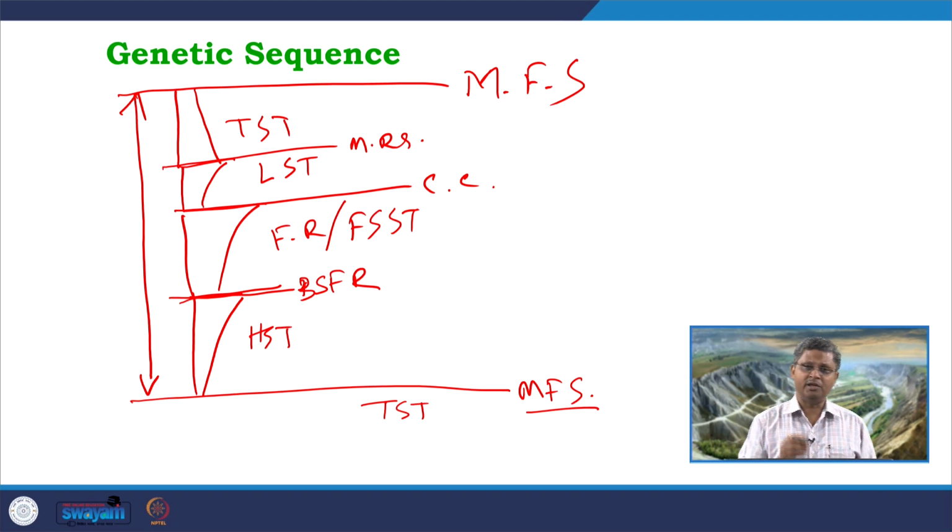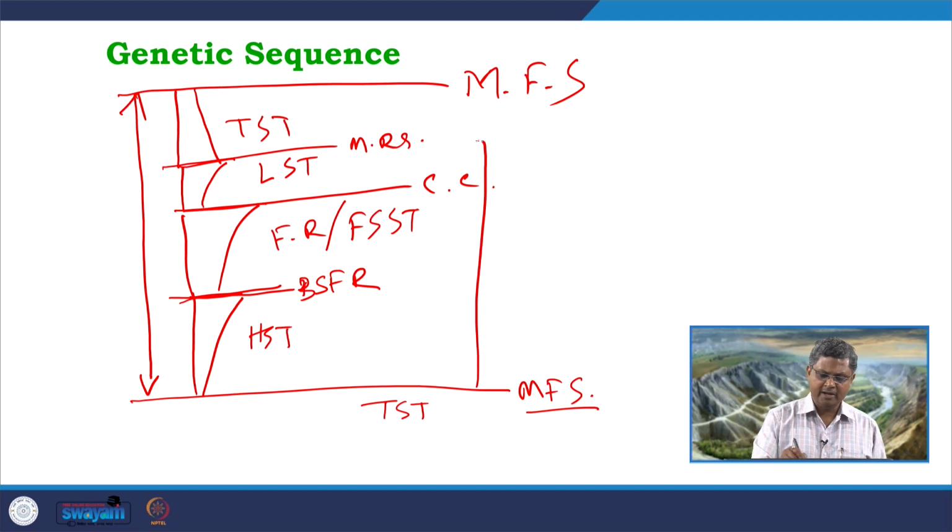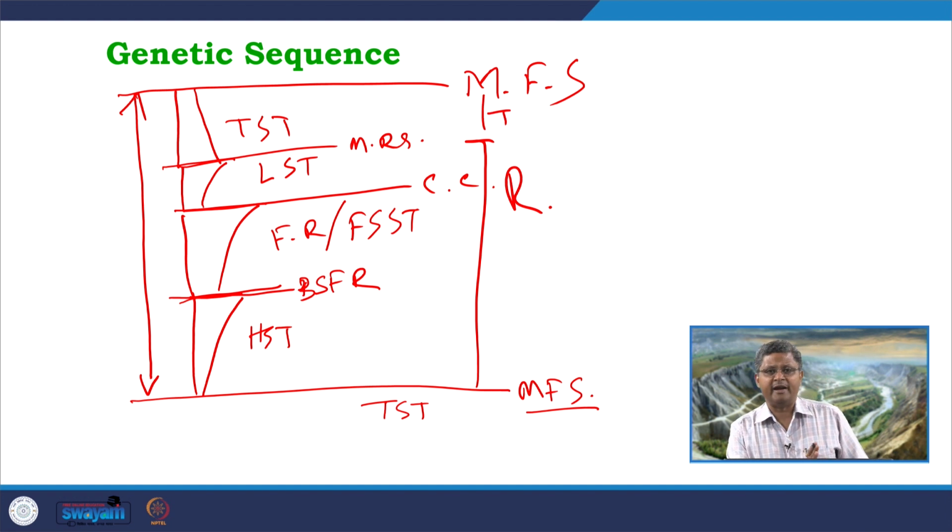Basically, what we get in the lower part is the regressive package, followed by a transgressive package. This can be identified in the shallow marine part, the marginal marine part, or the fluvial part, because there we can identify this maximum flooding surface and these packages in entirety.